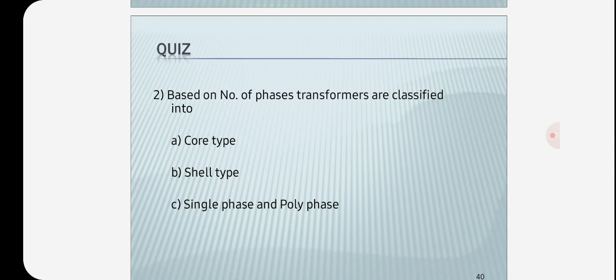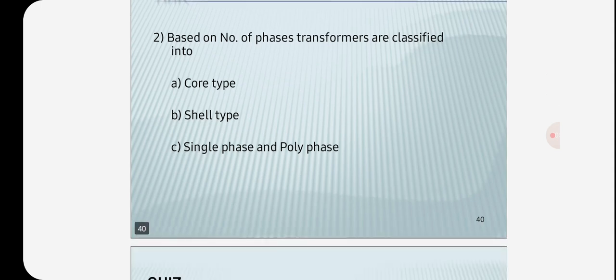Next, based on number of phases, transformers are classified into single phase and polyphase. The answer is C, single phase and polyphase.